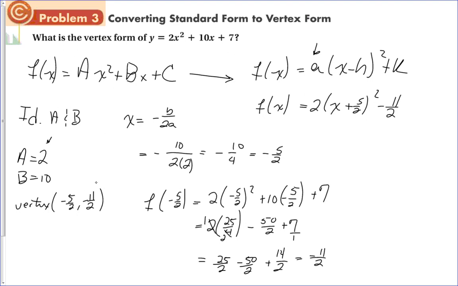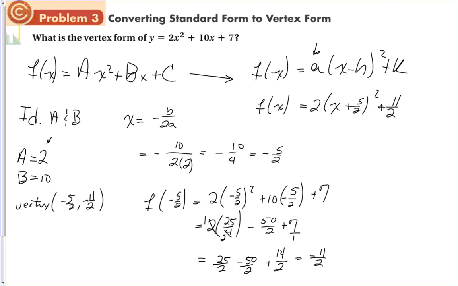Basically all we're doing here is using what we did in the last video to find our vertex and to identify a and b. Once we have identified a and b and our vertex, we have the 3 values that we need for vertex form. So after you find them, you just plug them into vertex form and you come up with your equation.